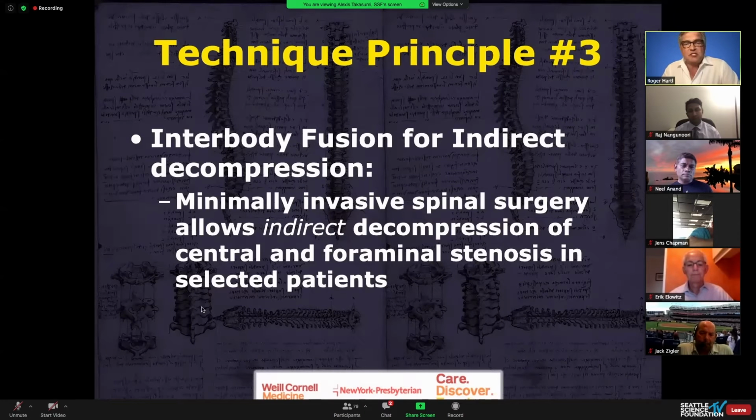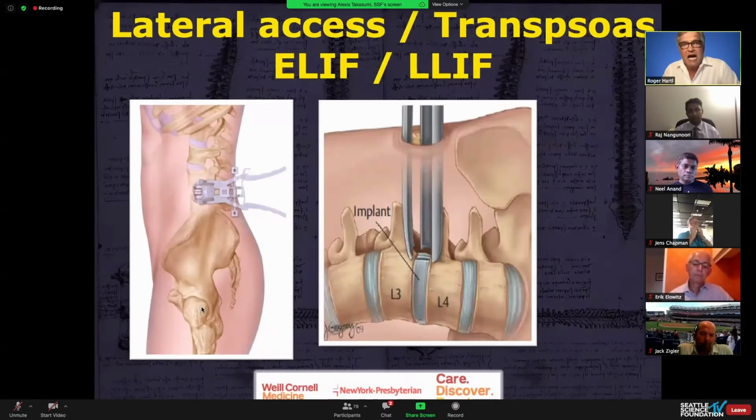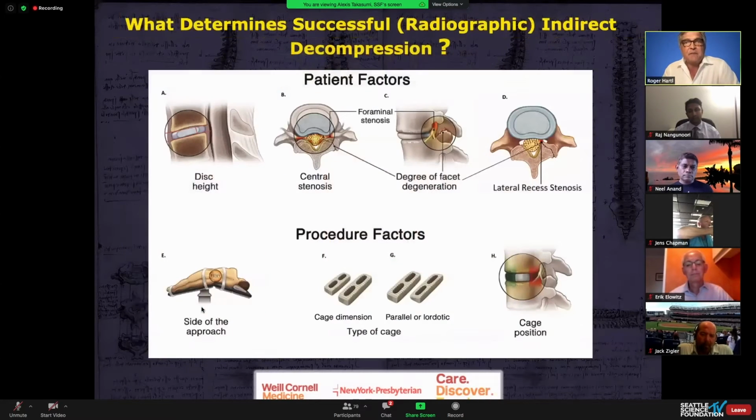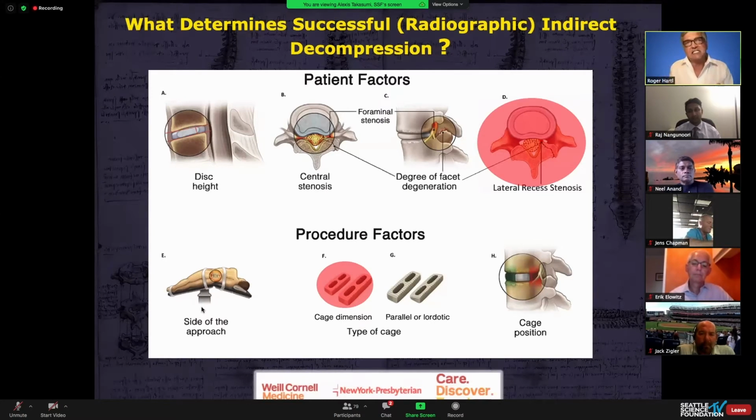Finally, a few words about interbody fusion for indirect decompression. I know we have obviously experts here in the audience, Neil Anand and many others, who've done so much work on indirect decompression with lateral surgery. One of the most challenging aspects of lateral surgery and indirect decompression is really to predict the success or the failure of indirect decompression.